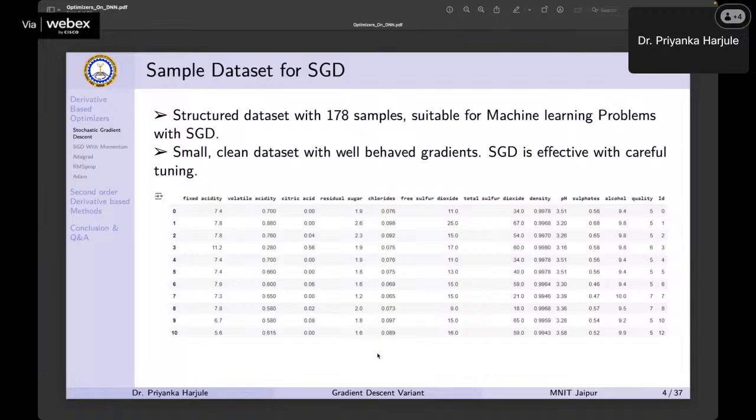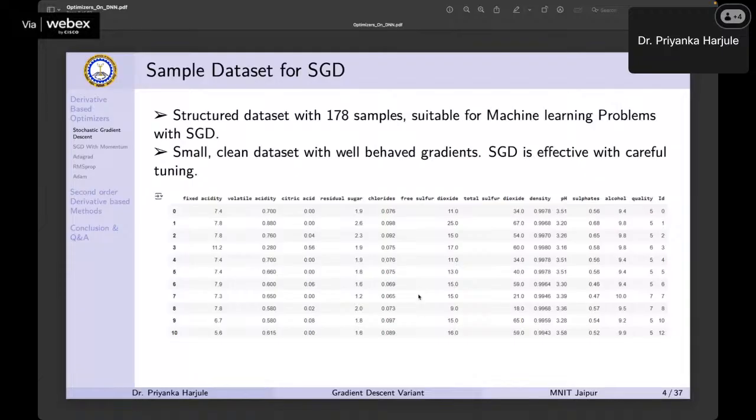This is a small structured data set which is used to show stochastic gradient descent. It has 178 samples, and it is a tabular data set with numeric features, for example, the acidity, the sugar, the chlorides, etc. These 178 samples are small, suitable for lightweight models.